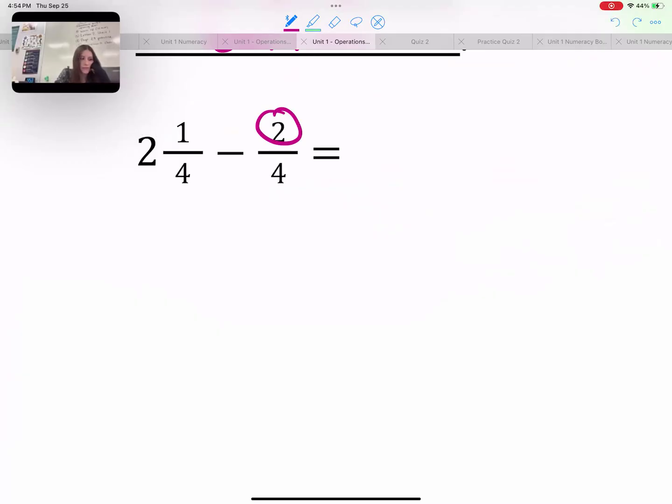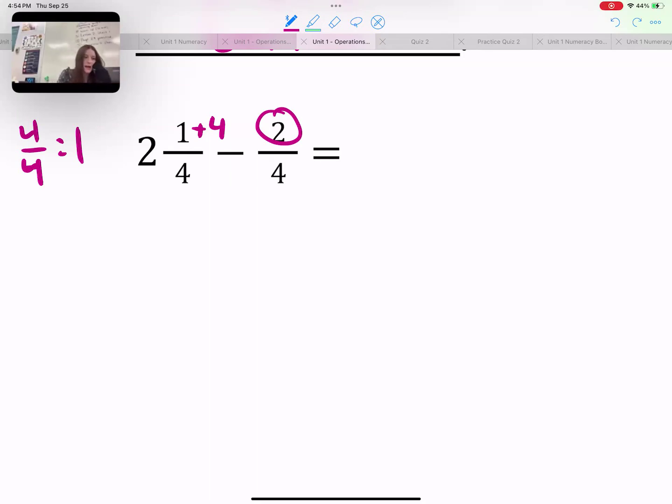So I am going to add 4 because 4 over 4 is 1 whole. I'm adding that 1 whole to here so that I have more on the top. So it's kind of like converting it to an improper fraction, except I'm not taking all of the mixed number. I'm just taking 1 unit of the mixed number.